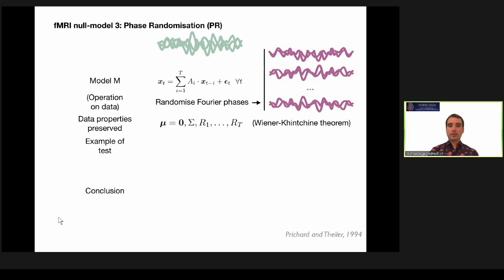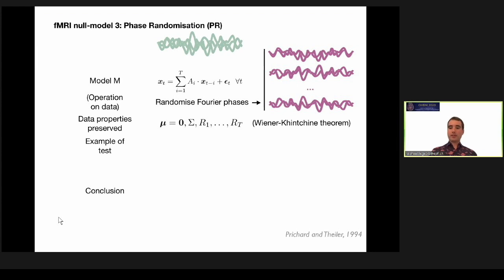Based on this, it can also be shown that what is being tested is that fMRI time series are generated by a linear and Gaussian model of high order, limited by T, where T is the number of time points. It can be 100 or 1000 in the case of HCP data, for example.